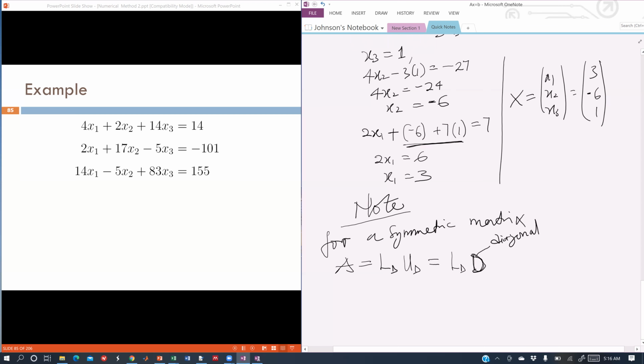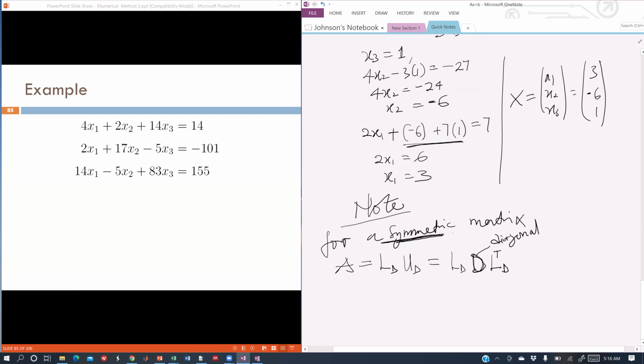When you extract that diagonal matrix, then the upper triangular matrix left becomes the Doolittle lower triangular transpose.